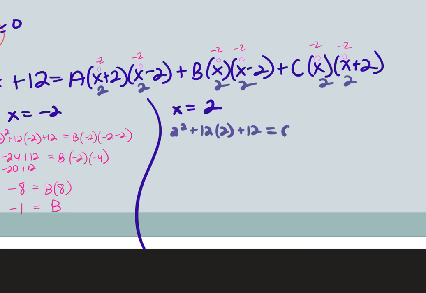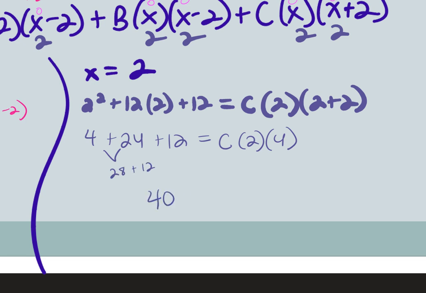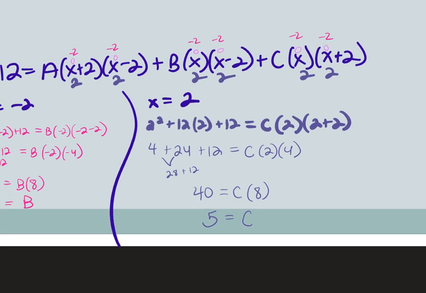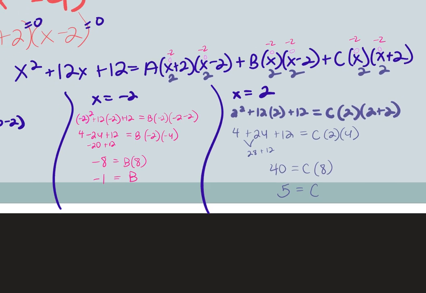So C is what's left, which was C times 2 times 2 plus 2. And I get 4 plus 24 plus 12 equals C times 2 times 4. 28 plus 12 is 40 equals C times 8. And C is 5.